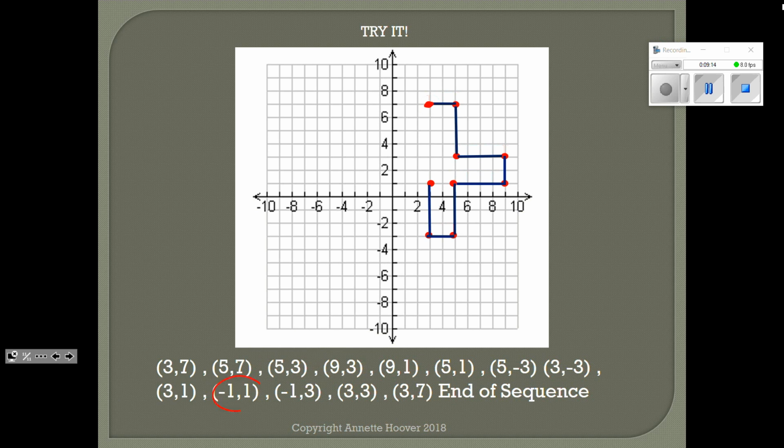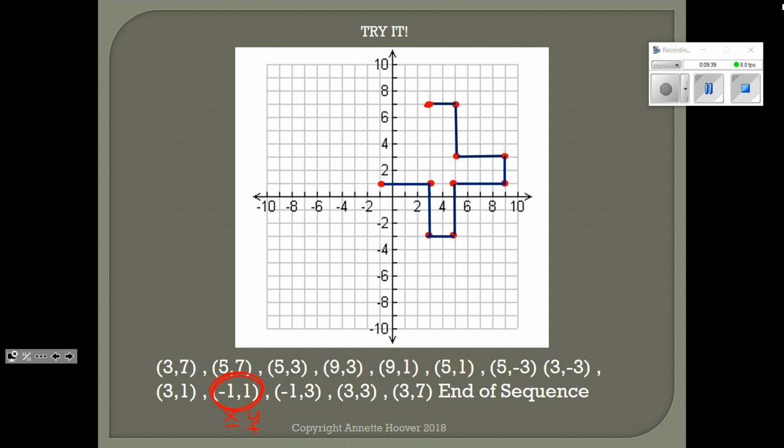Here's the first time that we've had an ordered pair where the x is negative and the y is positive. This is going to be over here in quadrant 2. So we have -1, so we start at 0, 0. We go to the left on that number line 1 to -1. Then we go up 1 on that number line, -1, 1, and we connect the line.